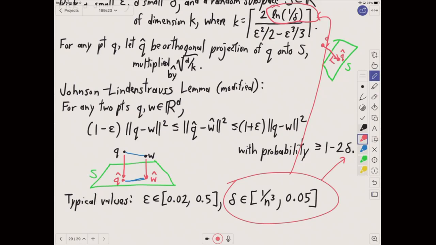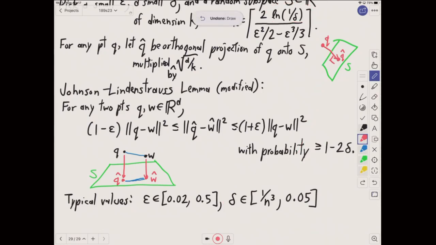What that logarithm implies is that we can make delta pretty small and still have k be a reasonable number. Delta can dive lower than epsilon can without causing terrible things to happen, like causing the subspace to be too large. And so that's why I allow delta to go a lot smaller than some constant.